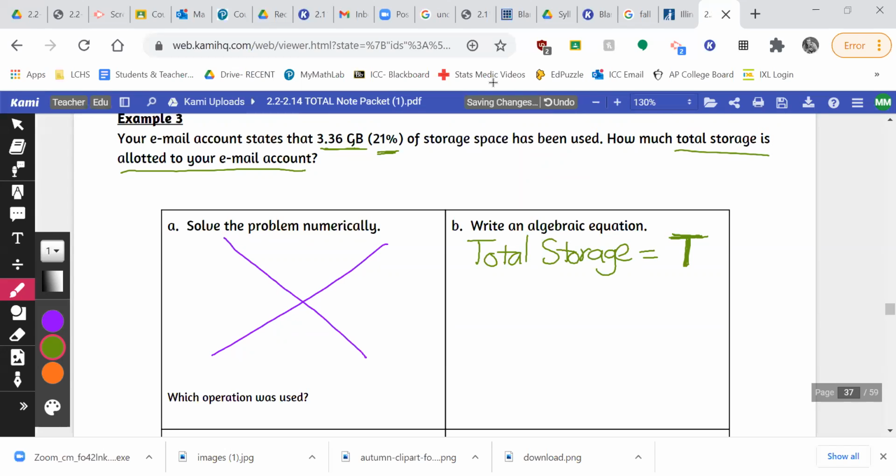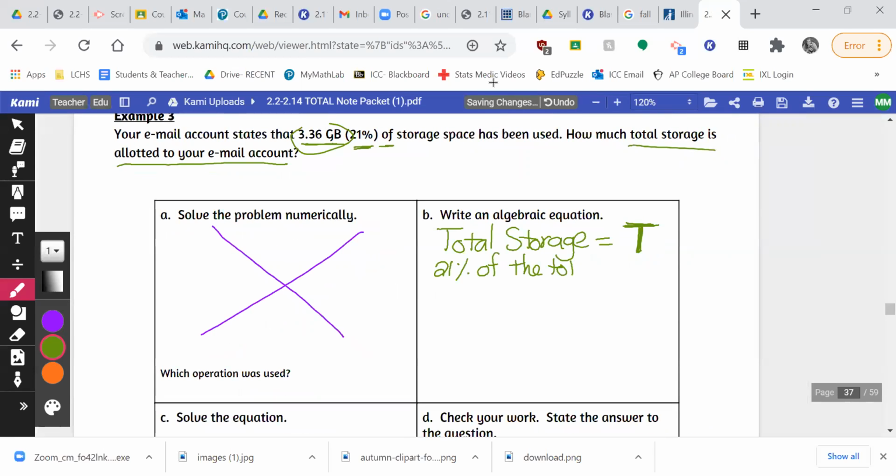Now with this one, I like to have us look at this to help us guide. We know that 21% of the storage is 3.36. So I know that 21% of the total is 3.36.